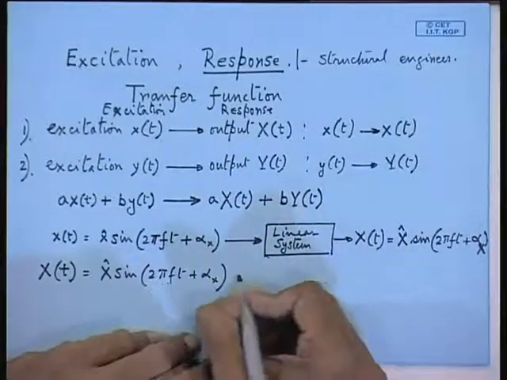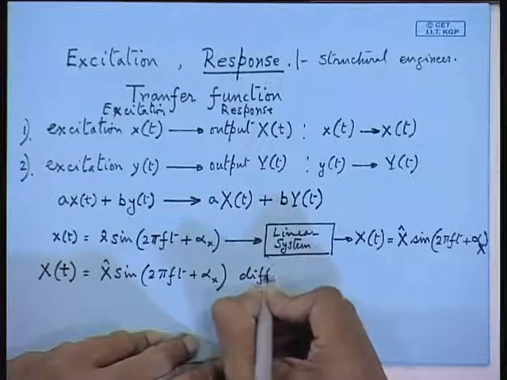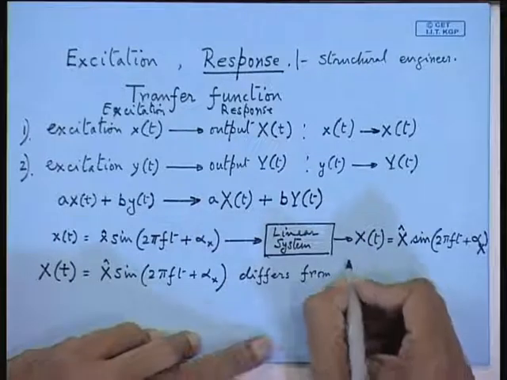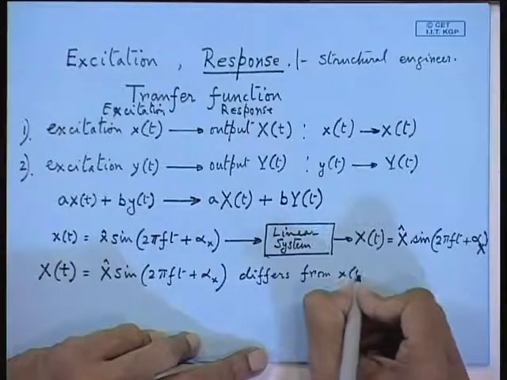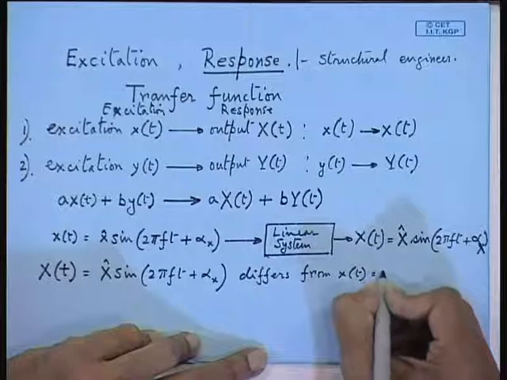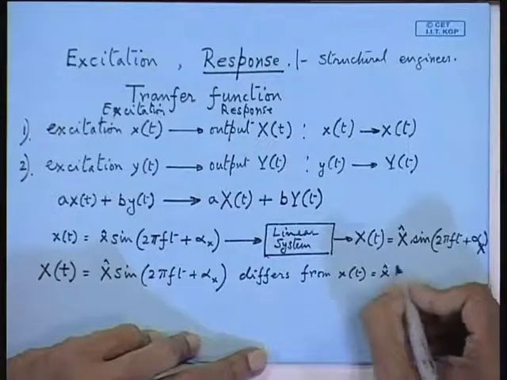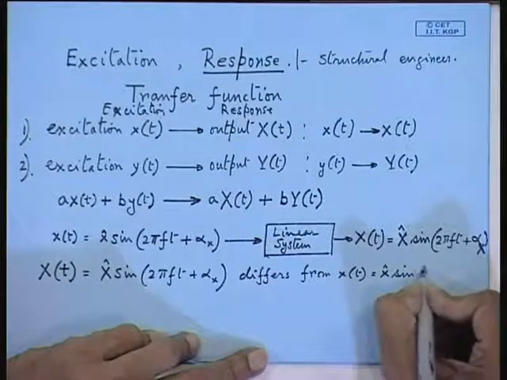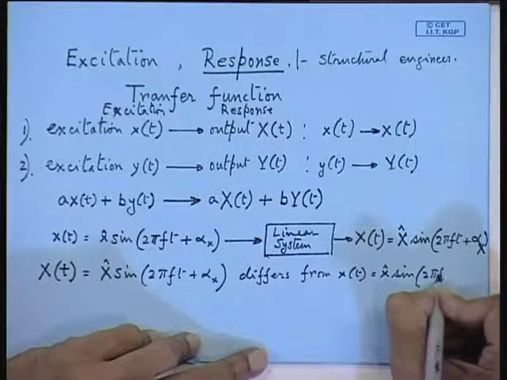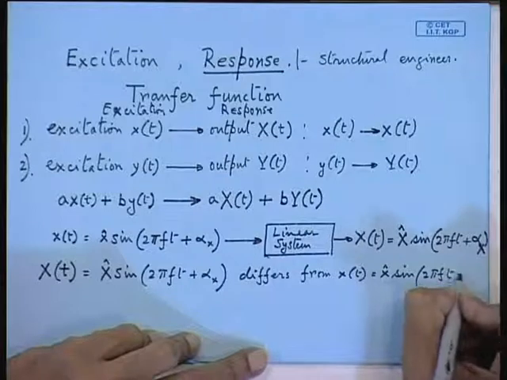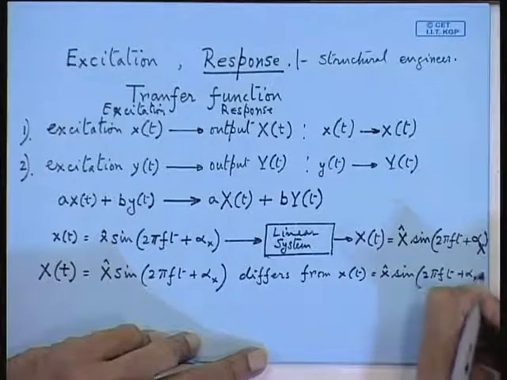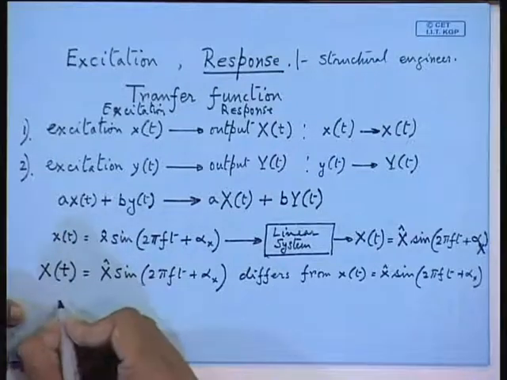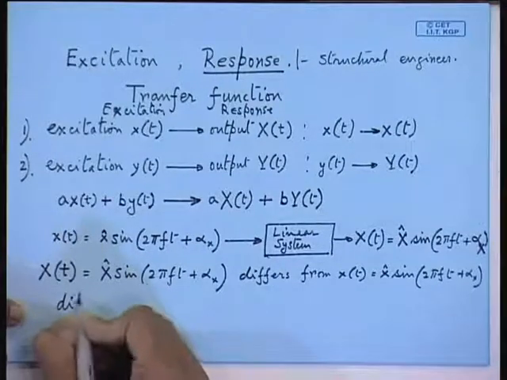It differs from small x of t. Small x of t you have written as small x with a cap, multiplied by the same frequency term, 2 pi f t plus alpha small x. So this differs in amplitude and phase only.